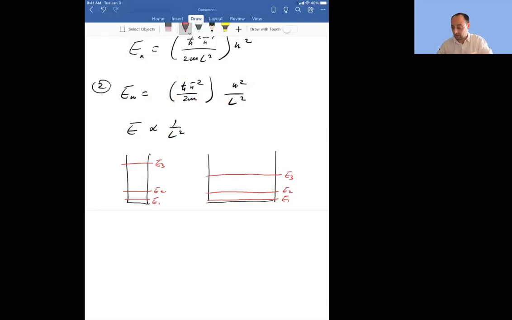This is not nuclear physics right here, but even such a basic model like a particle in the box already tells us the scaling of energy with the system size. The energy goes like 1 over the system size squared. So if you squeeze something by a factor of 1,000, the energies are going to spread by a factor of 1,000,000. So you see, this simple model already knows about this.